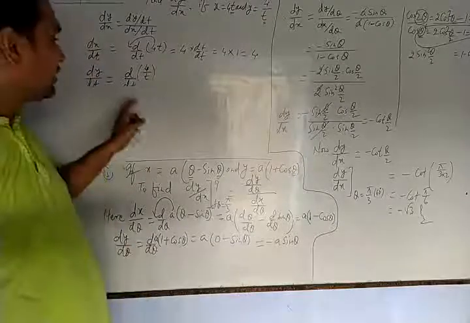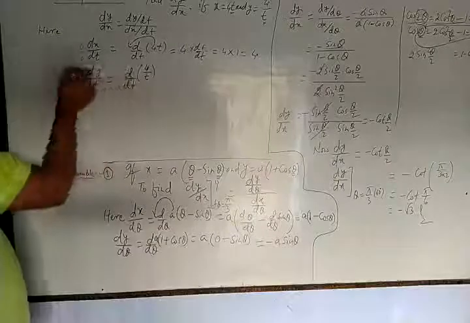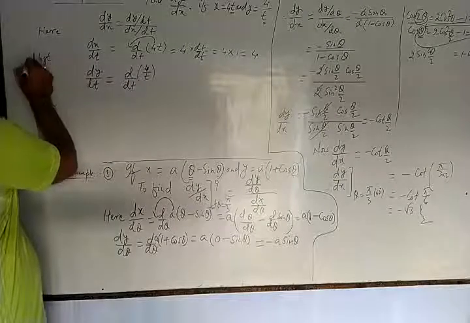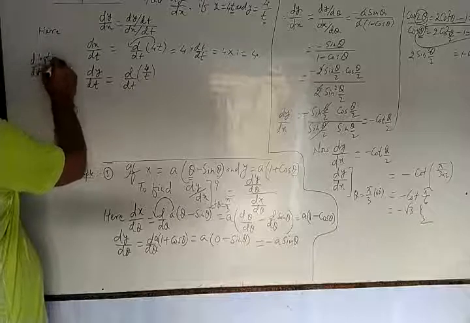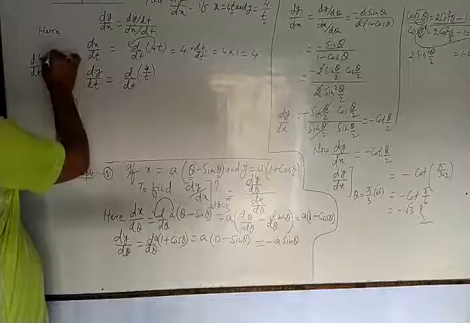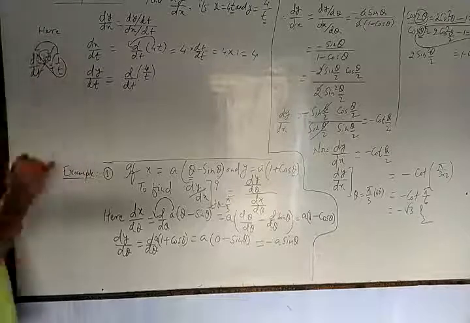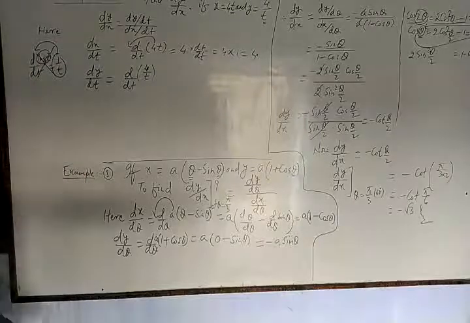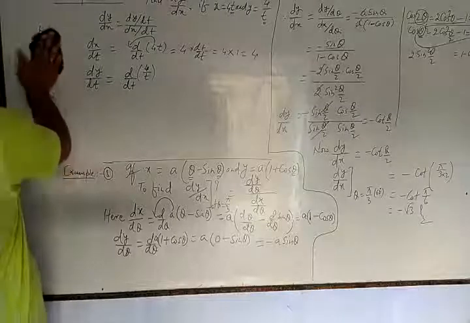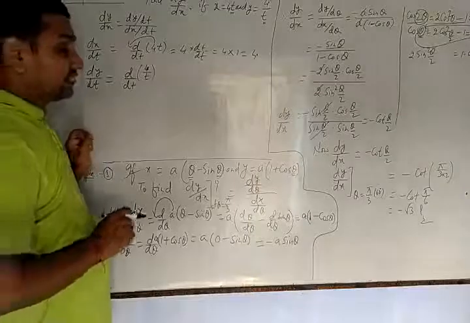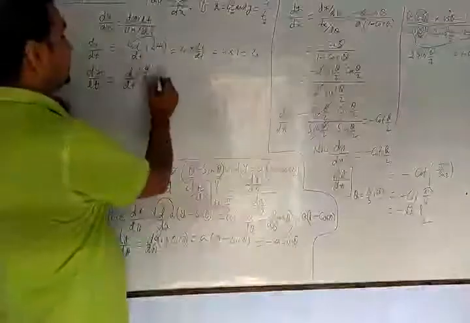No. Log t's differentiation comes 1 by t. Look, d log t by dt will be 1 by t, but its reverse process will not give you log t. Okay, this conception generally in the beginning students used to write sometimes. So that is the point where you can do mistakes.